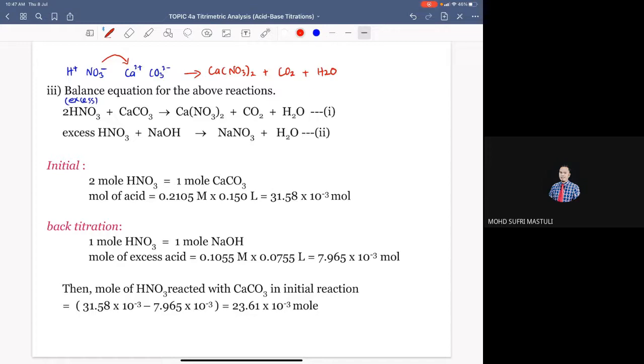So you have to balance the equation. Okay, so you have to do the equation balancing.